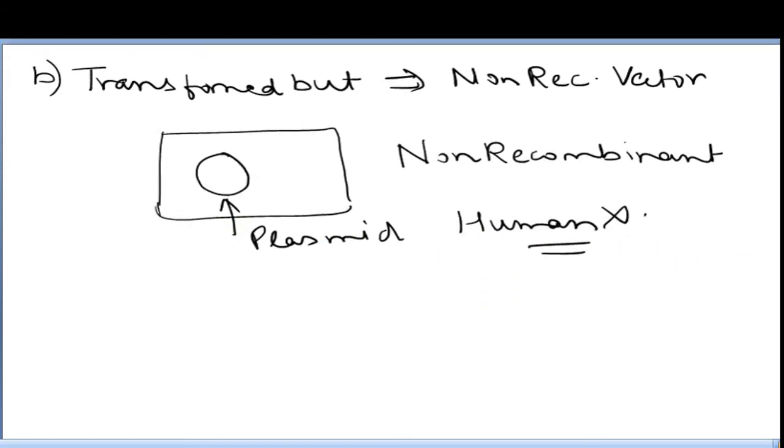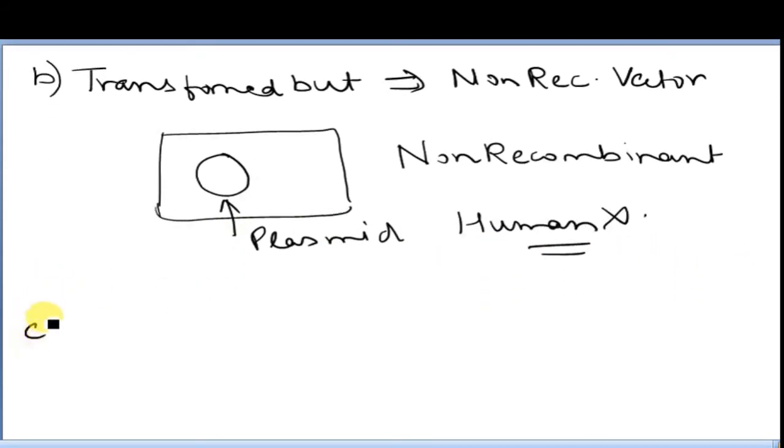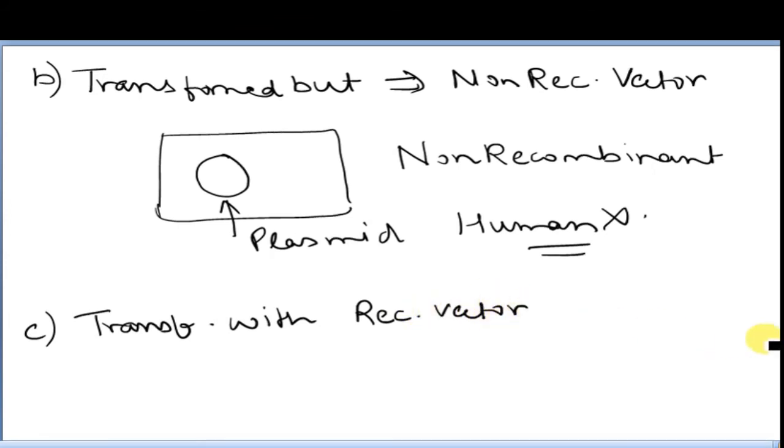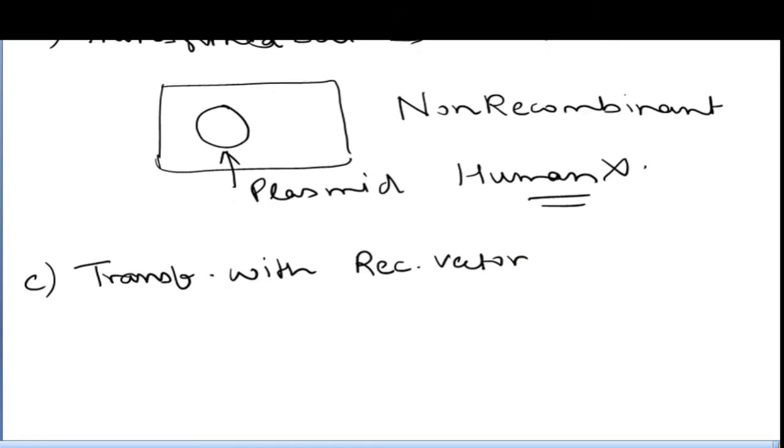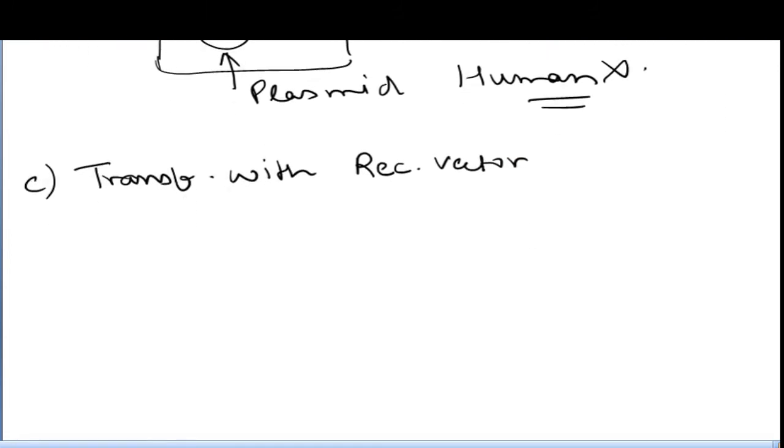So coming to the third point, what is the third possibility that can happen? Transformed with recombinant vector. So this is the population that we want to work upon, that we are interested in, transformed with recombinant vector. How would this look like?